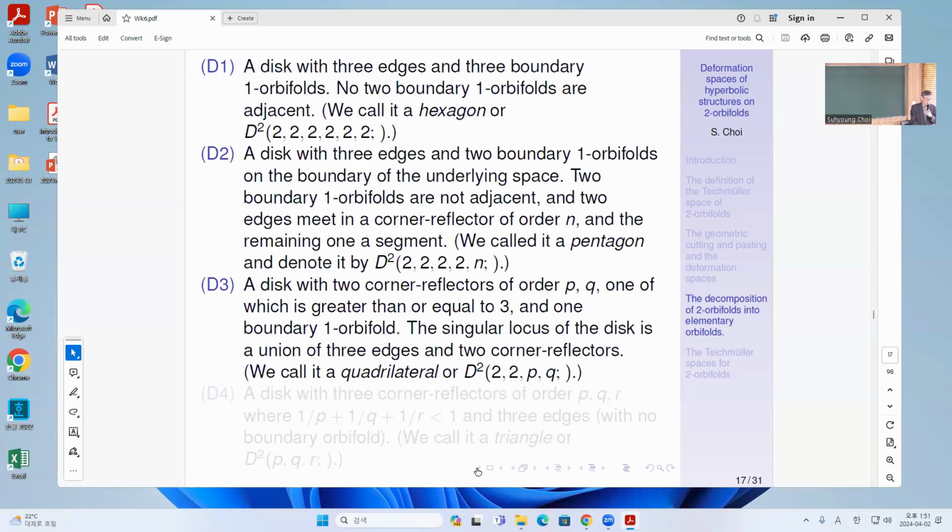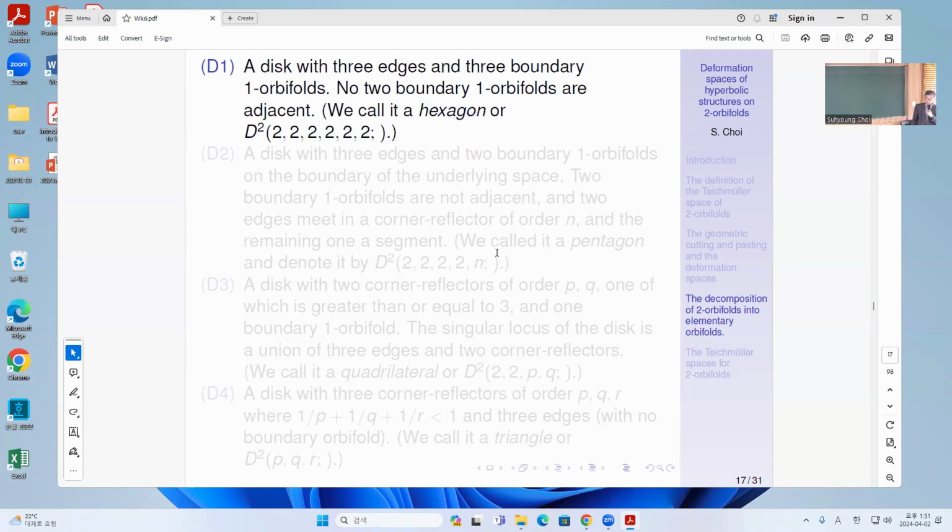Okay, and then there's a disk with 3 edges and 3 boundary orbifolds. If you separate, then it's like a hexagon. So you have 6 sides, and all of the things are boundary.